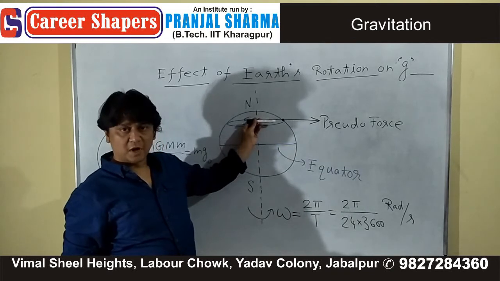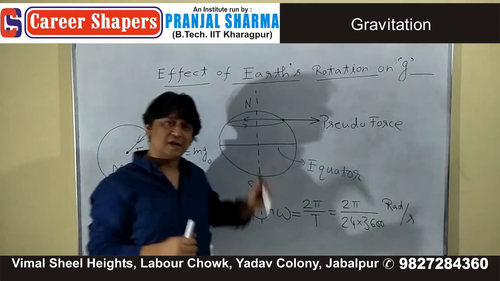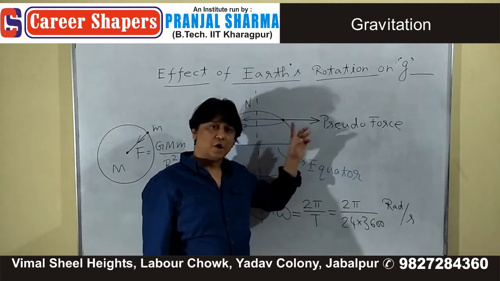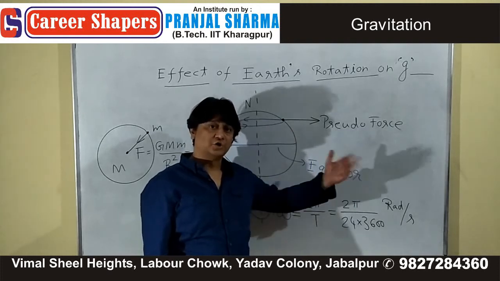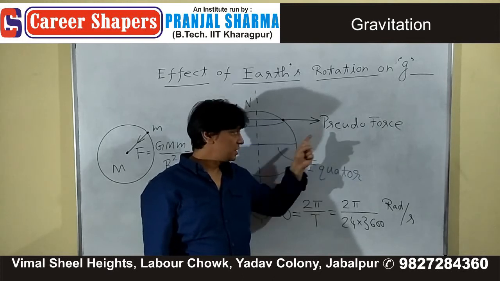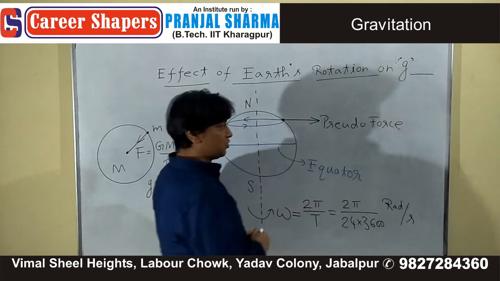Now, this is your centripetal acceleration, and because of this centripetal acceleration, this man is a non-inertial observer. To convert himself into an inertial observer, he is using pseudo force. What's the strength of pseudo force?